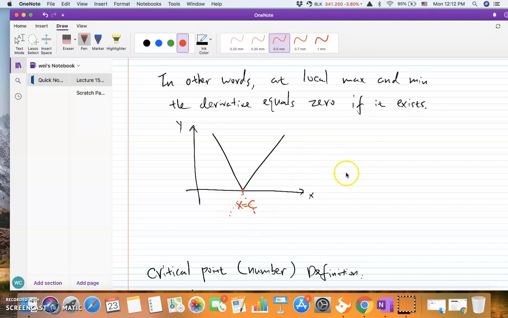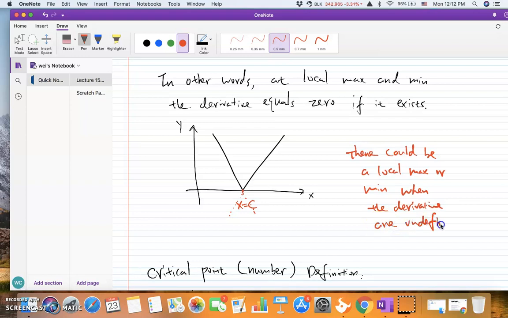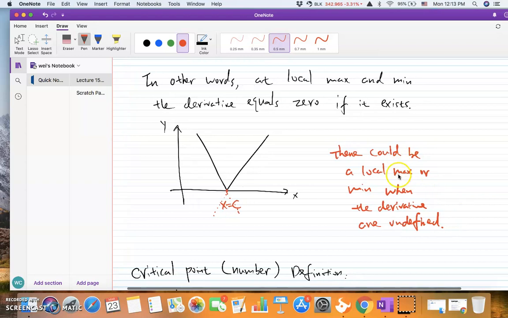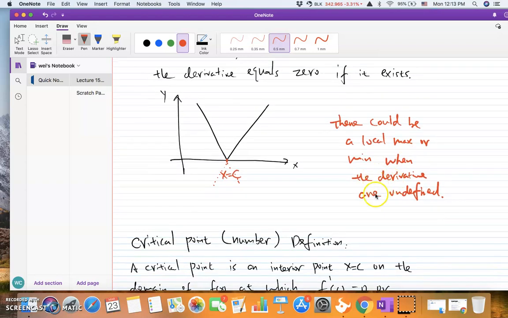So this tells us there could be a local maximum or minimum when the derivative is undefined.